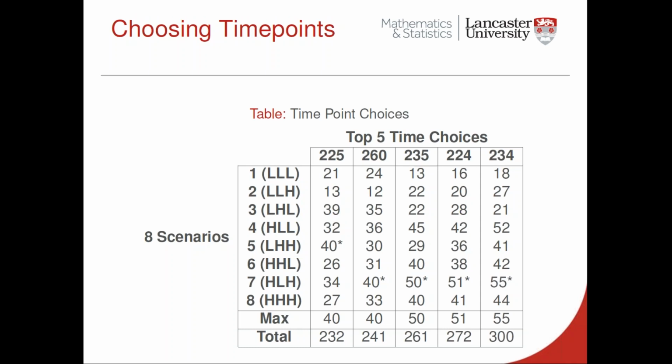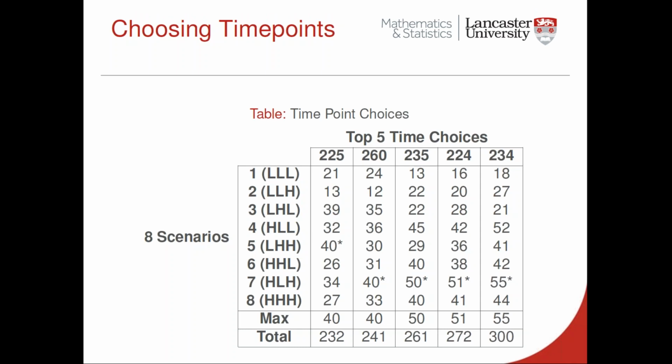So LLL, my first scenario, corresponds to a setting where all 3 random effects have a relatively low variability. LLH means the first 2 have low variability and the third one has high variability, and so on and so forth. So I'm assuming an overall model, but I'm considering different potential variability scenarios.